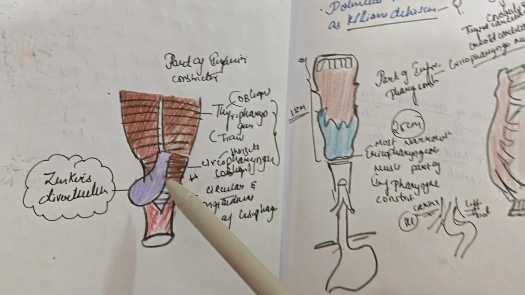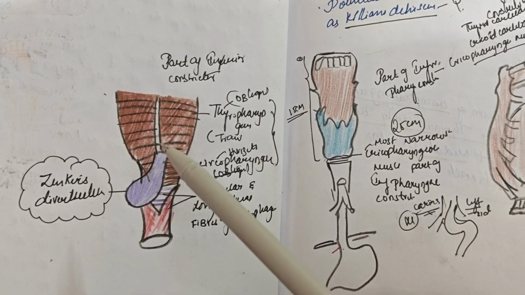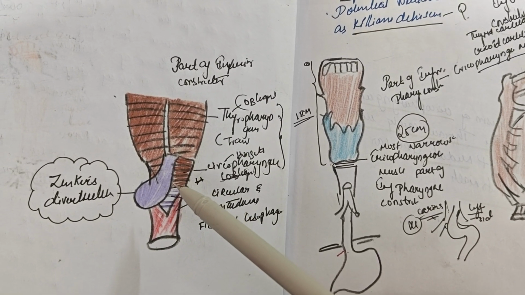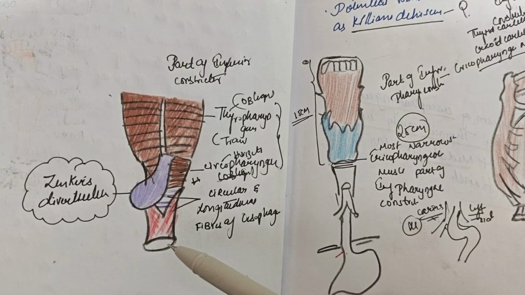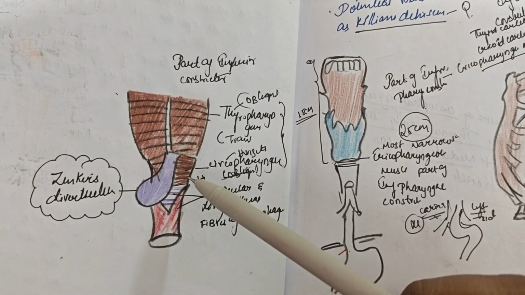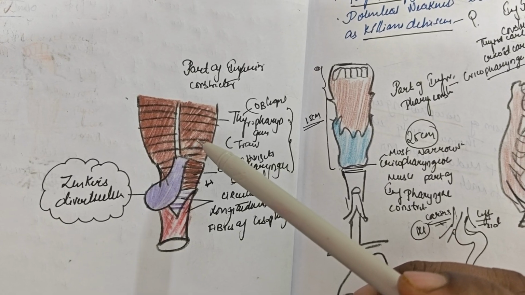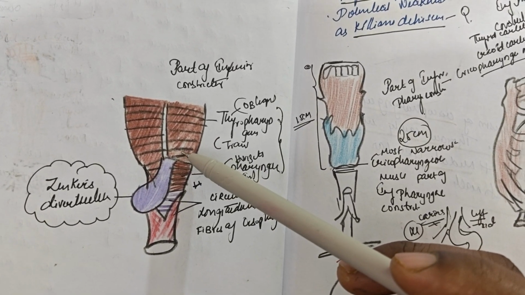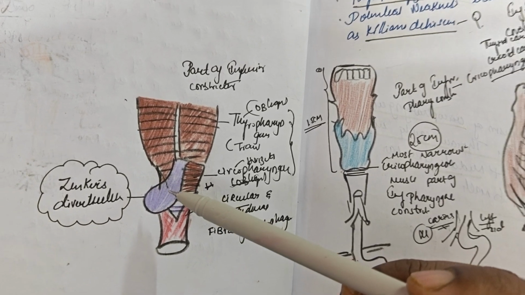In between you have a triangular space. In some conditions there is a weakness between the two muscles, thyropharyngeus and cricopharyngeus. So there can be a hernia, and contents can come out.